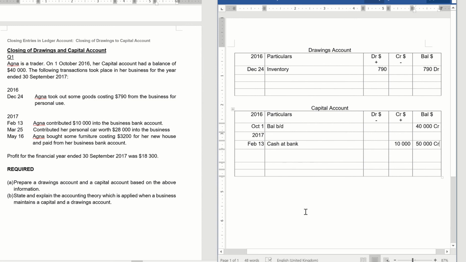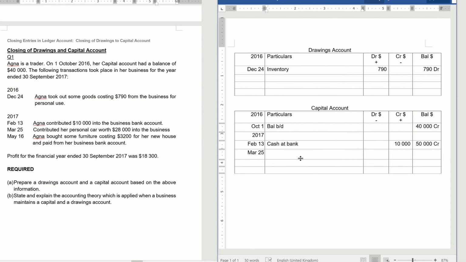Okay, next, what about on March 25th, 2017? Again, another contribution, but this time around, Agna is not actually contributing money. Instead, she contributed her personal car. So what do we write?